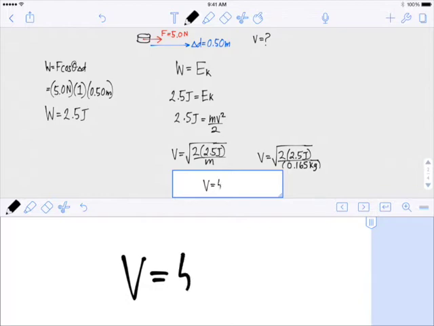You end up with a speed of 5.5 meters per second. So we solved this kinematics quantity using the work energy principle.